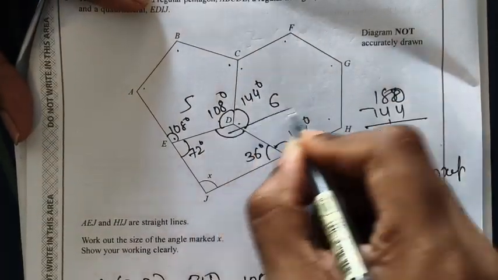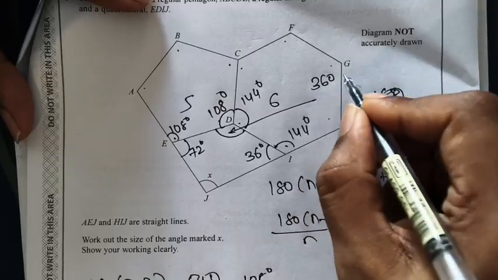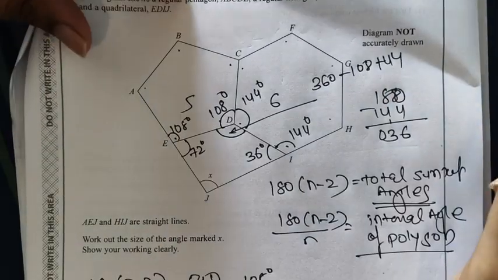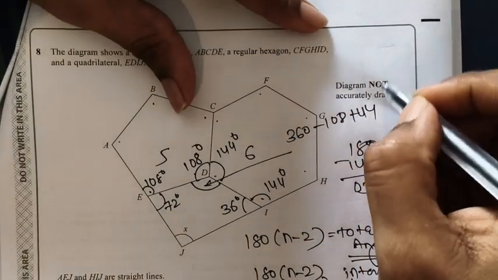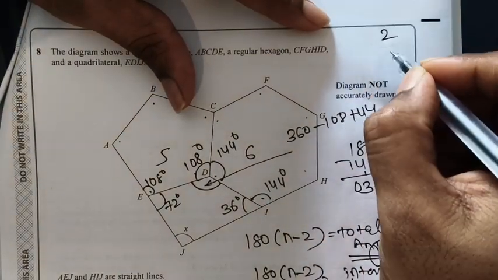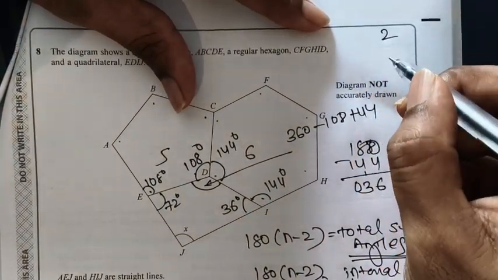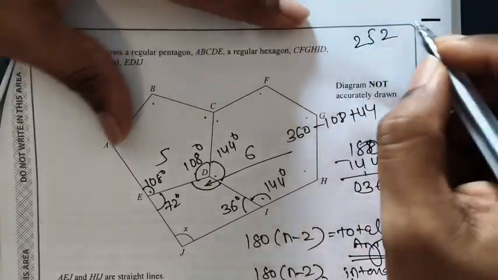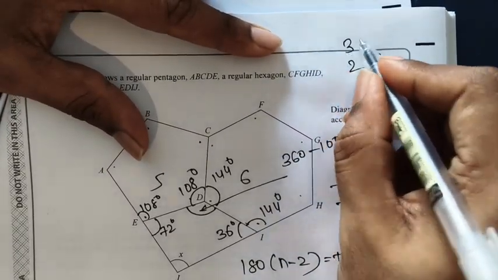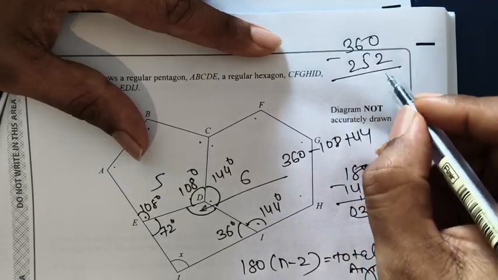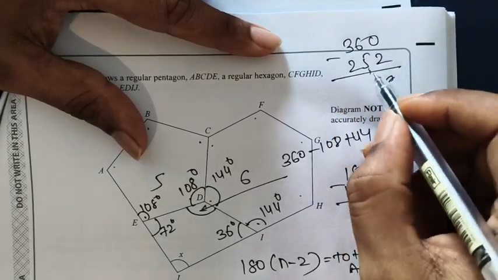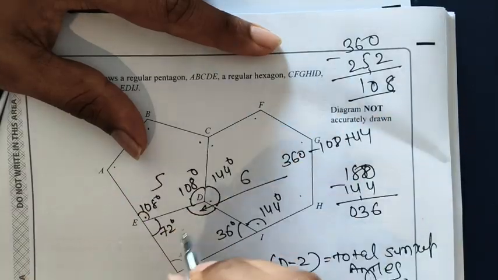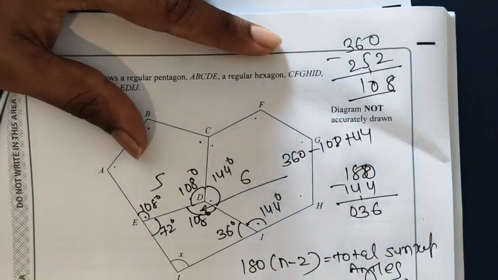To find this angle, what do I have to do? 360 minus 108 minus 144, right? So 144 plus 108 is equal to 252, and I do 360 minus 252, which is 108 again, correct?